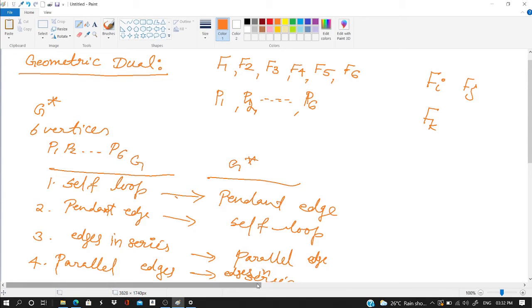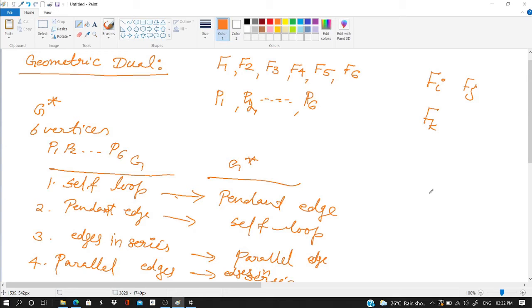The fifth property is the general observation that the number of edges constituting the boundary of a region Fi in G is equal to the degree of the corresponding vertex Pi in G star and vice versa. Now the property 6: graph G star is also embedded in the plane and is therefore planar.